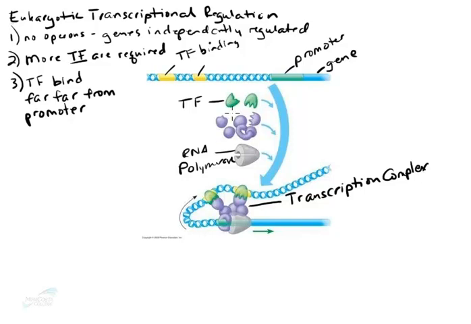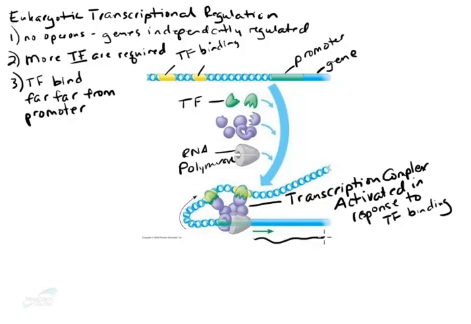And again, usually these transcription factors are activating transcription. And so when you have those transcription factors binding at those faraway sites and then looping around to contact RNA polymerase, that leads to activation and increased gene expression and more mRNA produced from that gene.